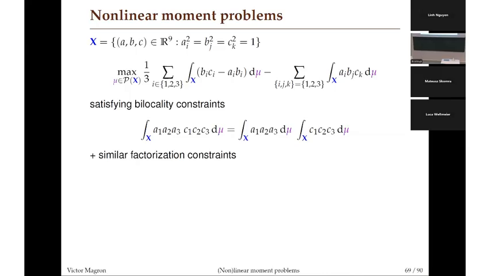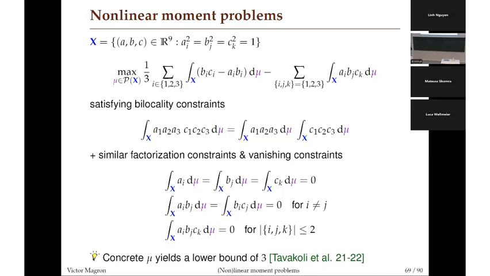Every time you have a product of Alice and Charlie operators, you can factorize, with one term being the product of Alice and one term being the product of Charlie. Here I wrote the highest degree one, but it works for any product. If you have A1, C1, then you will get the product of A1 times C1. So this is what I mean by similar factorization control.